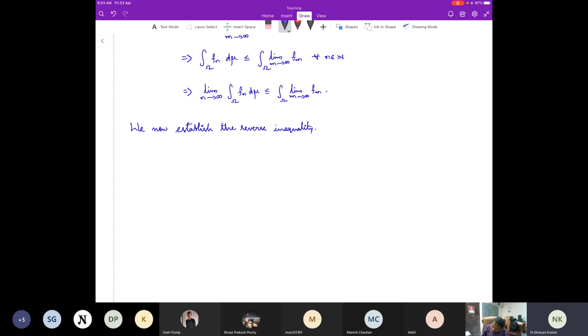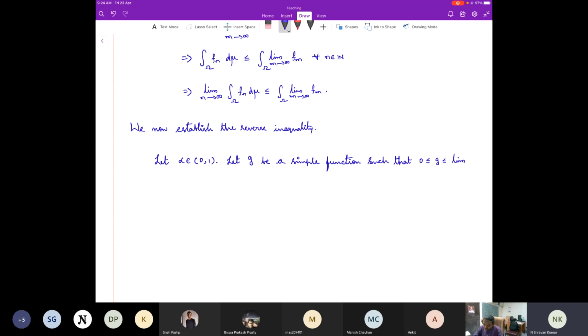Right. So let alpha belong to (0, 1), and also let g be a simple function such that 0 is less than or equal to g, which is less than or equal to the limit of the f_n's.